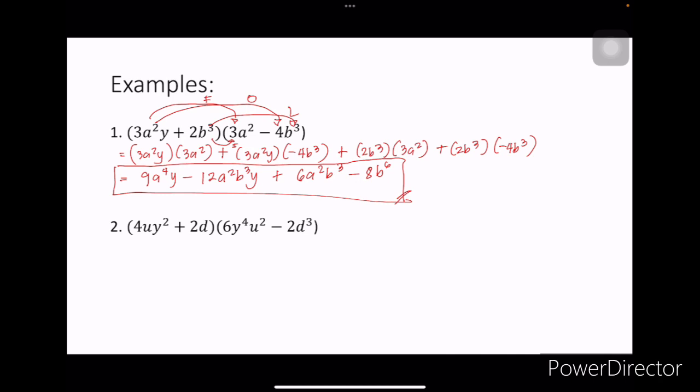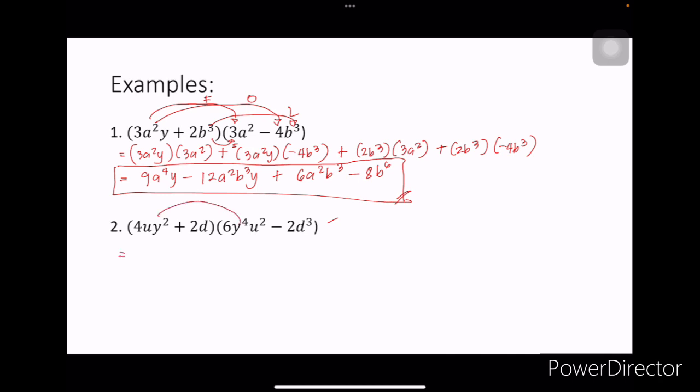Now let's move forward to this one. So you have the quantity of 4uy squared plus 2d times the quantity of 6y to the fourth u squared minus 2d cubed. As you can see, they don't have common terms, so we simply do the FOIL method.